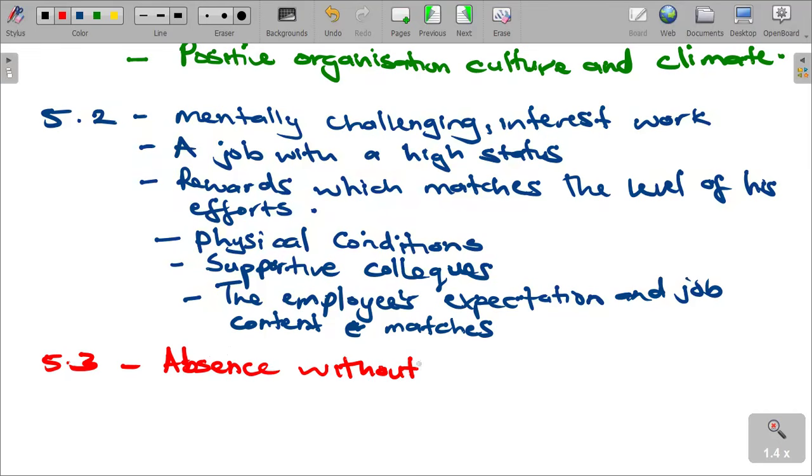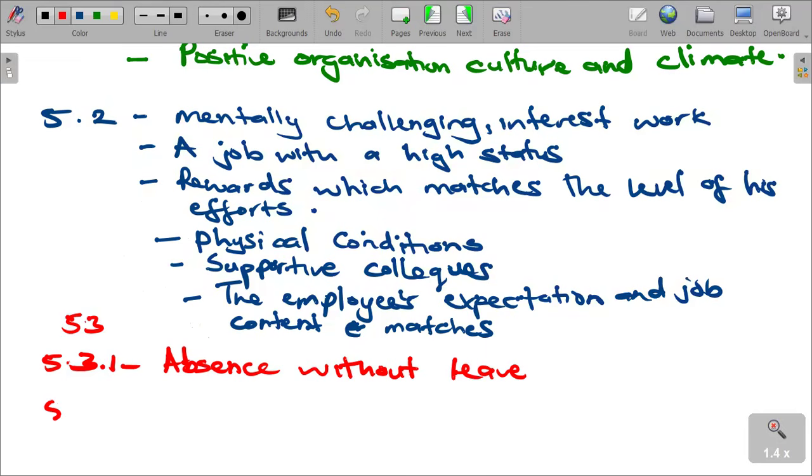When one decides not to come to work without leave, right? That's what you call absenteeism. It also can be defined as a situation whereby an employee fails to report to work without reason, for no reason.